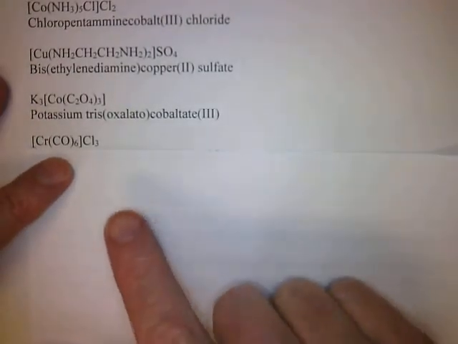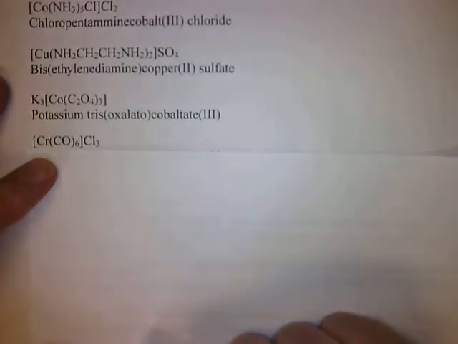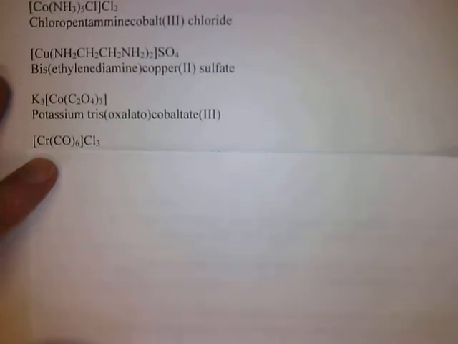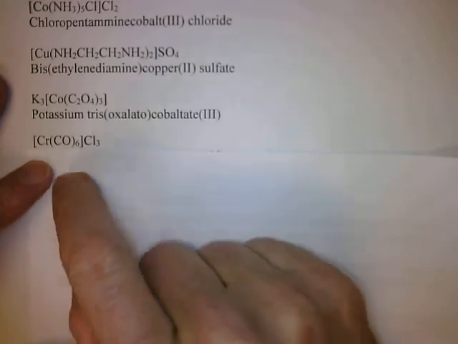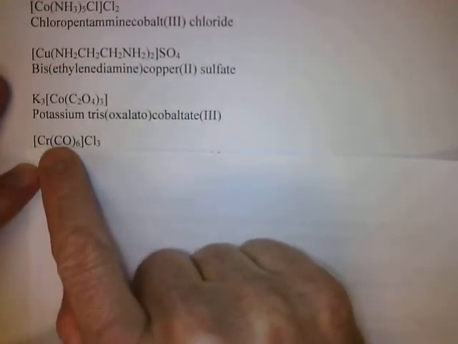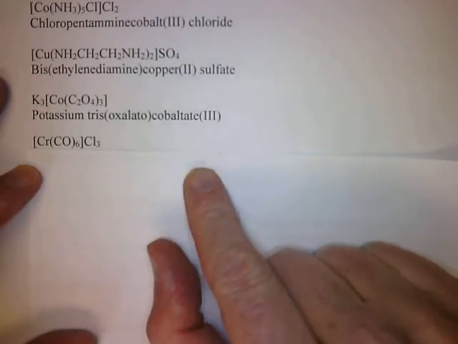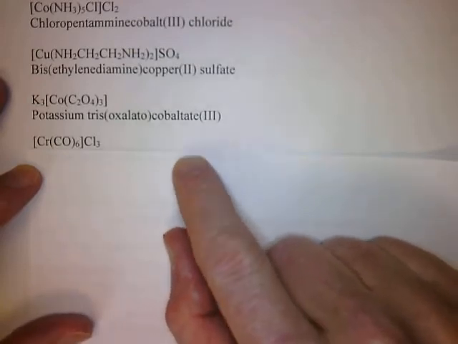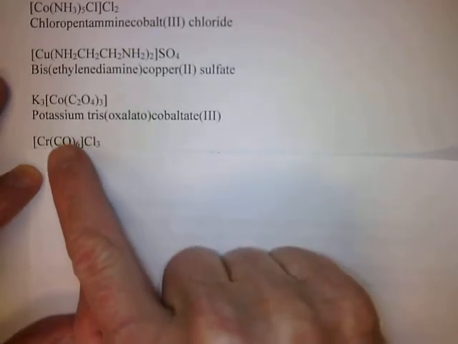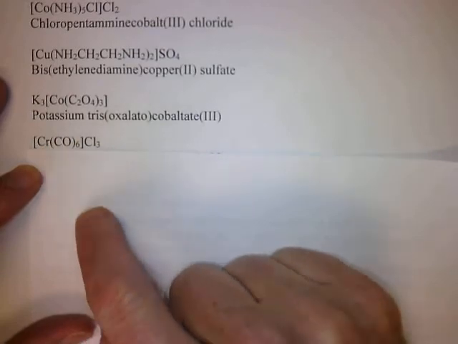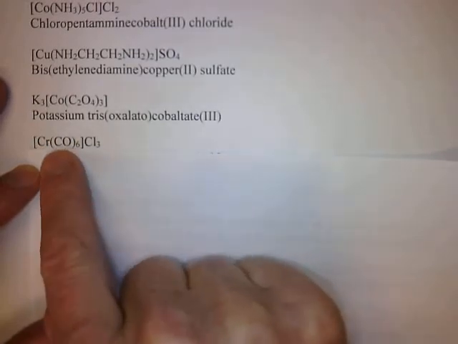So now we're back to the complex ion being the positive part of the molecule. Alright, so our name is going to be something chloride, right? So something space chloride. So CO, what's that? That is carbon monoxide. Let's see, does that carry a charge?